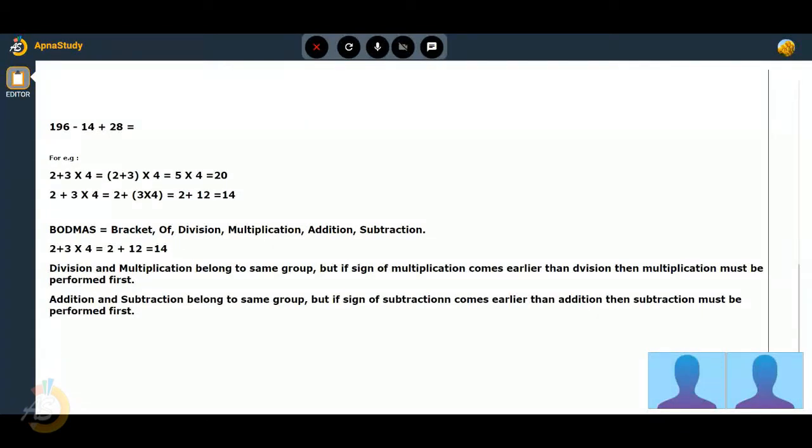So how will you solve this question? I will do 196 minus 14 plus 28.